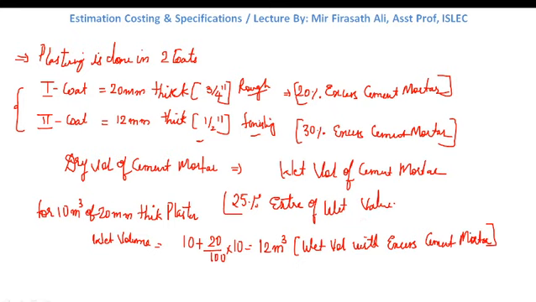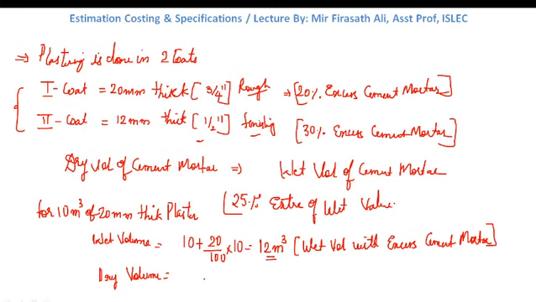And when we talk about dry volume, for the 20 mm thickness, it is 25% extra of wet volume. What is the wet volume now?